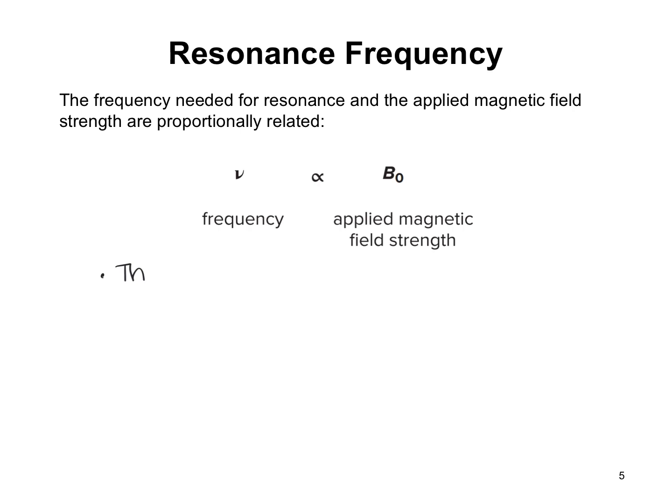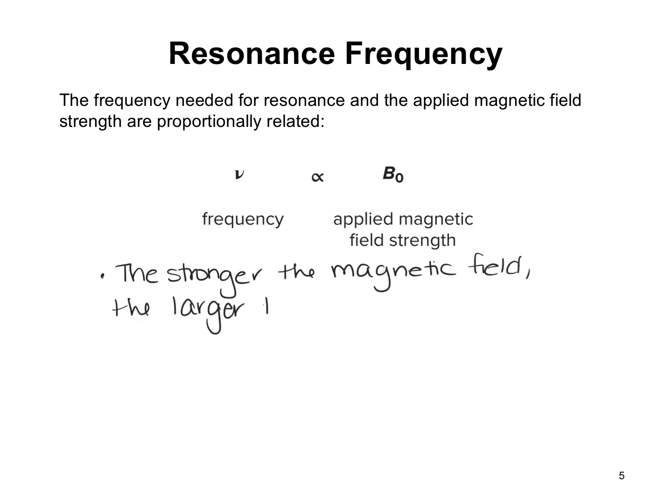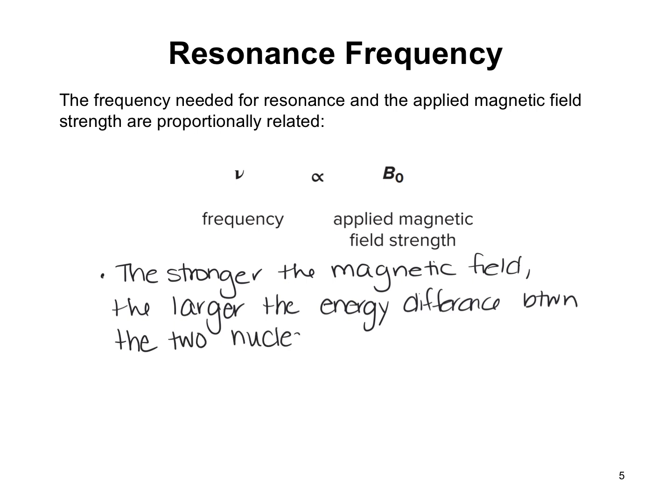This means that the stronger the magnetic field, the larger the energy difference between the two nuclear spin states, right?